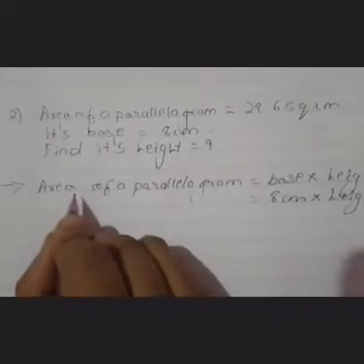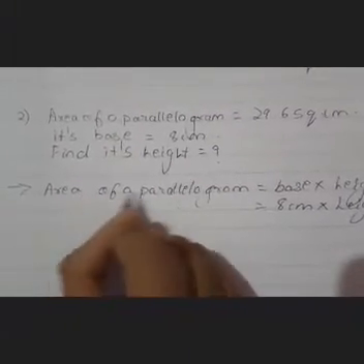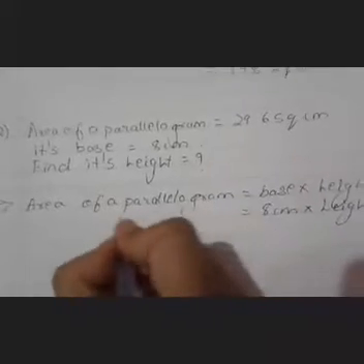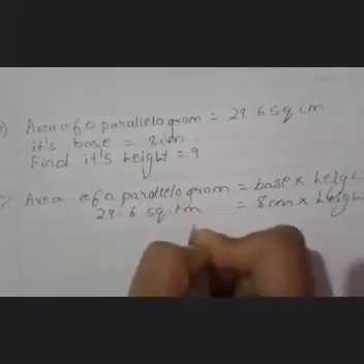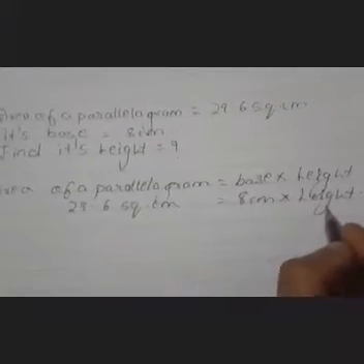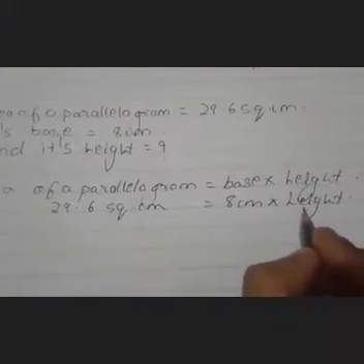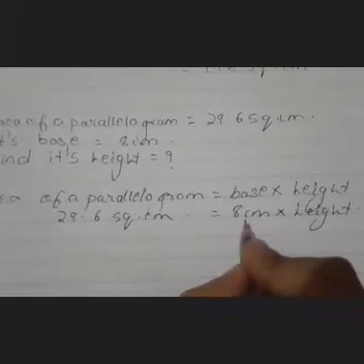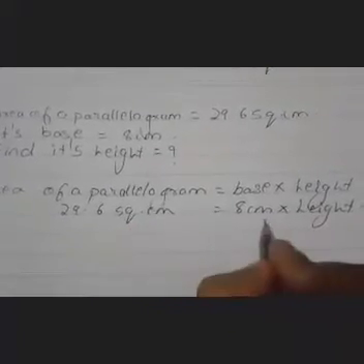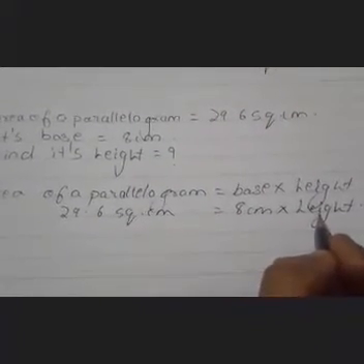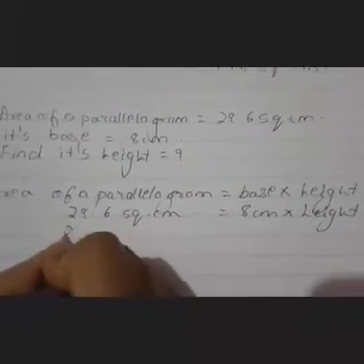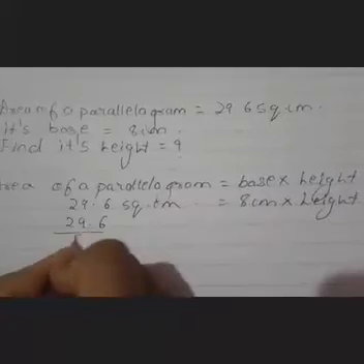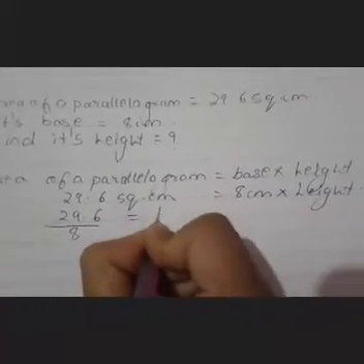They are giving us the area of the parallelogram instead, that is 29.6 square centimeter. Now we have to find the height, so we will keep the height isolated here and we will move this 8 centimeter to this side. Okay, so 8 centimeter is multiplied here, so when it comes this side it will be divided. Yes, so 29.6 upon 8 is equal to height.